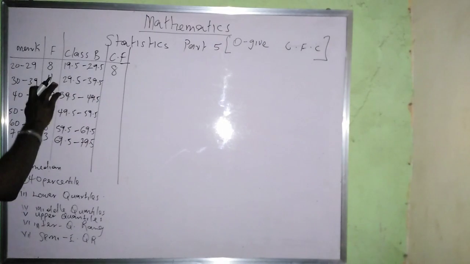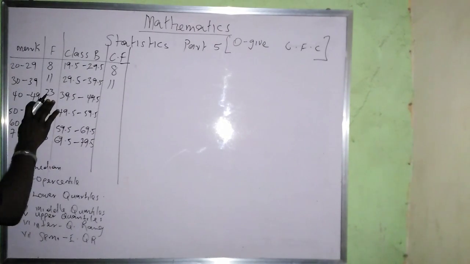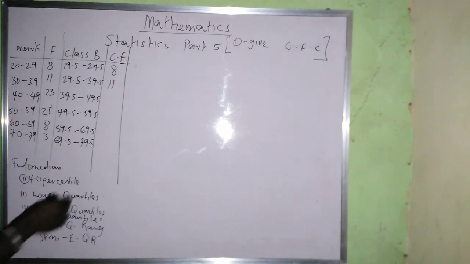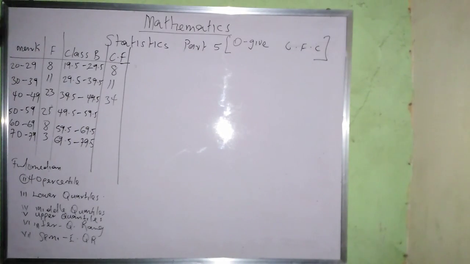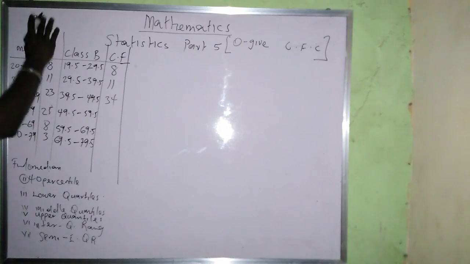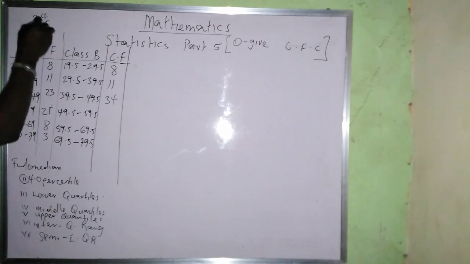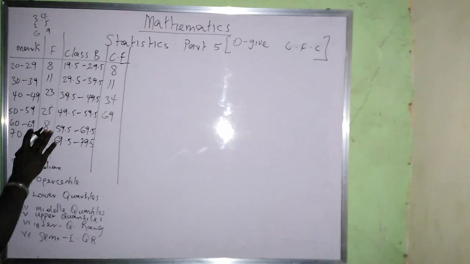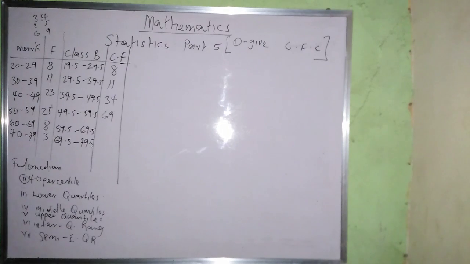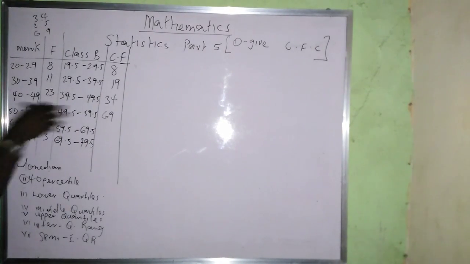The second one, 8 plus 11 will be 19. 19 plus 23 will be 42.